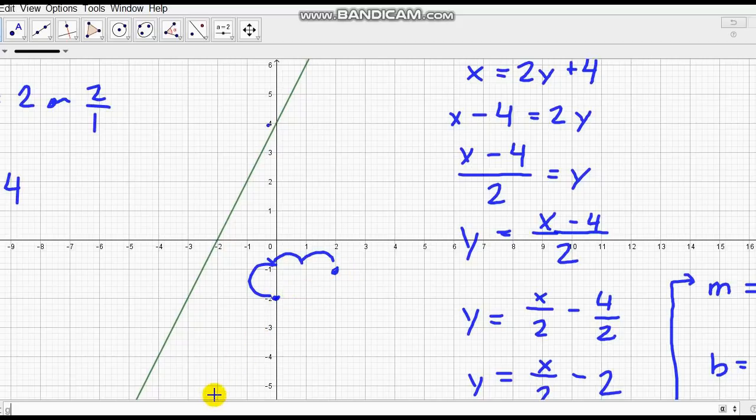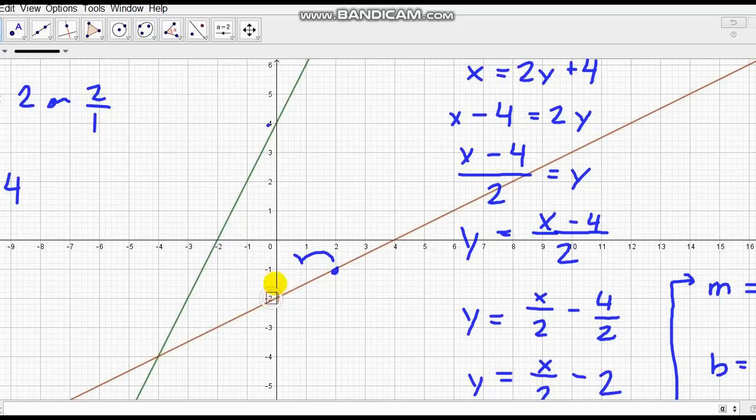Let's just type this: 1/2 x minus 2. So this is the graph of g of x equals 1/2 x minus 2. That's the graph. And observe that they intersect at this point.